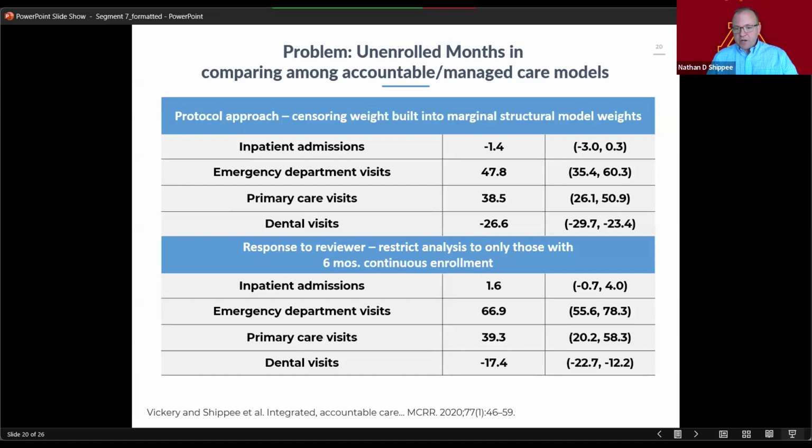Now, you can note that generally your conclusions probably aren't going to change a whole lot. So if you start with the first number of inpatient admissions, yeah, it goes from negative to positive, but they're both within a confidence interval that straddles 0, right? So no significant difference there.